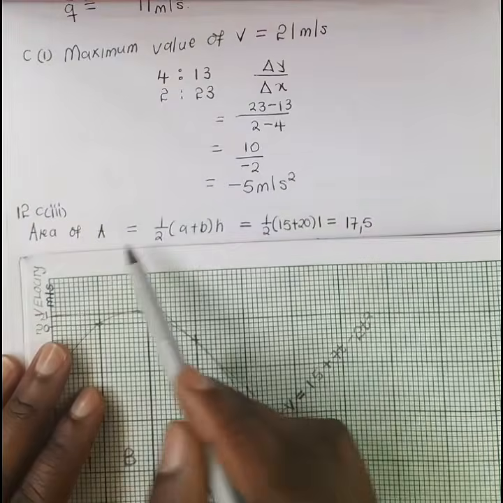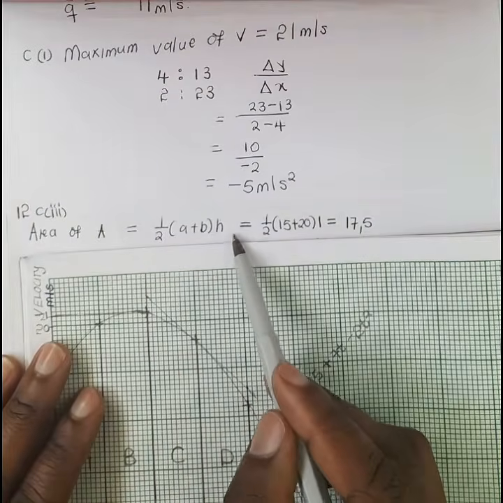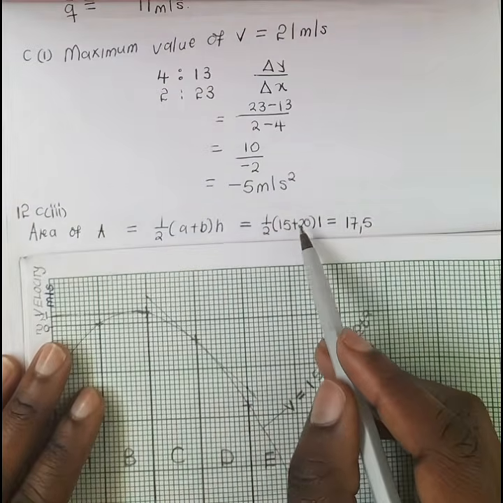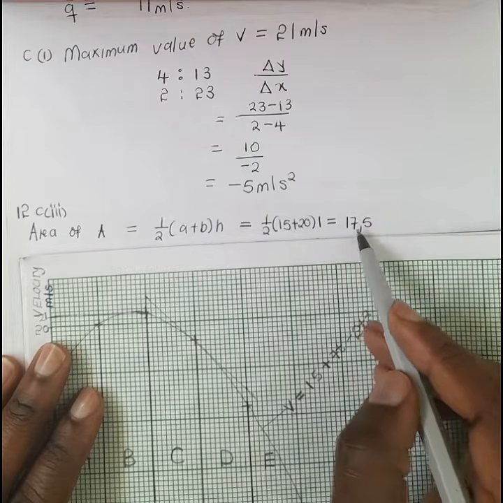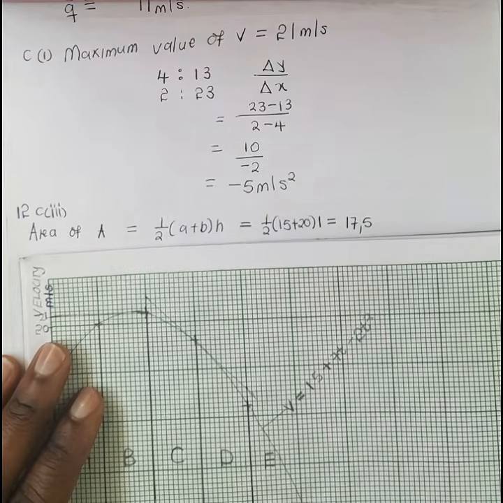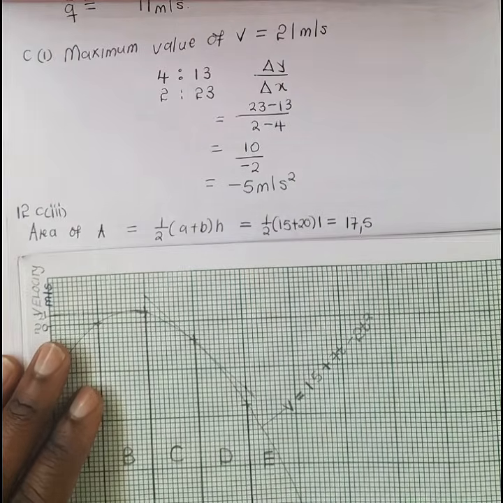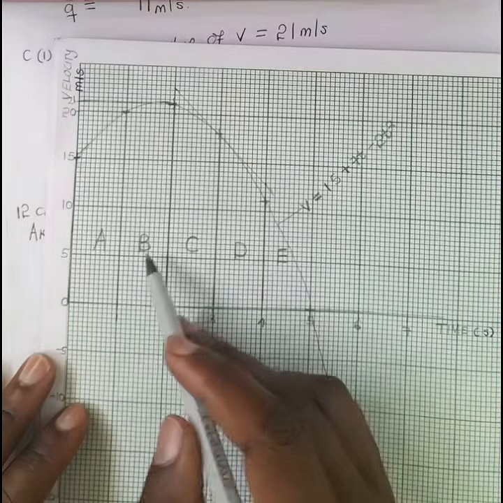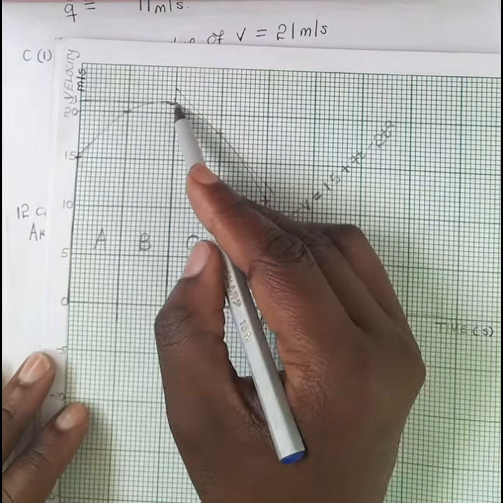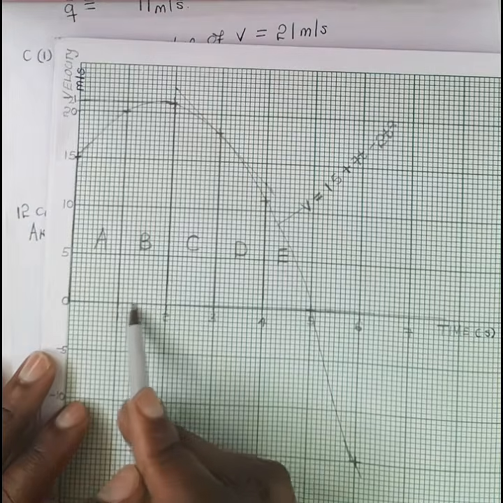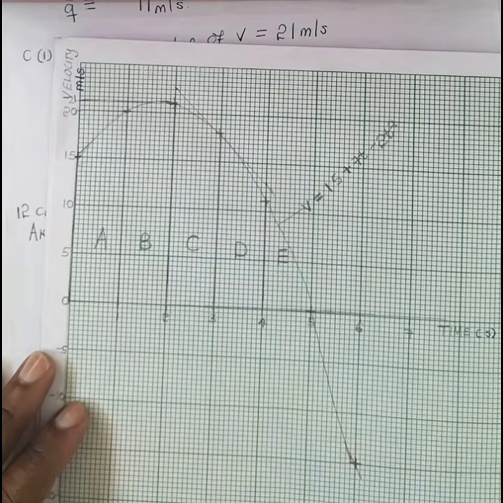So area of A is half (a plus b) times height, which is half times 15 plus 20 times 1. We are going to obtain 17.5. Let us move on to B. On B, our first length is 20, our second length is 21, and here 1 unit is our height.